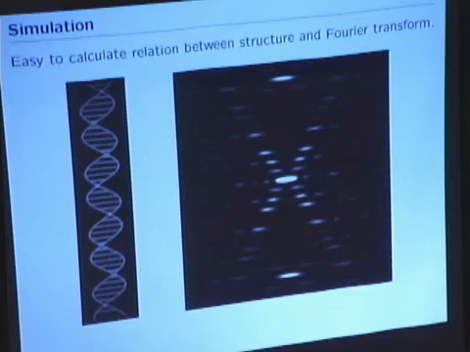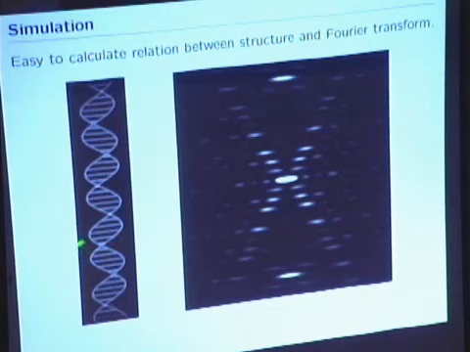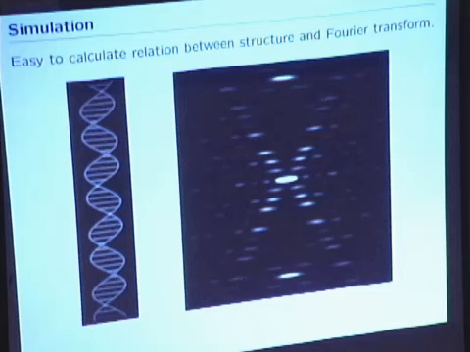Here, all I've taken is a trivial model. I just made a wire frame that had base pairs arranged as a rotating spiral, just like a spiral staircase. Then that was a three-dimensional picture. Then I just flattened it.